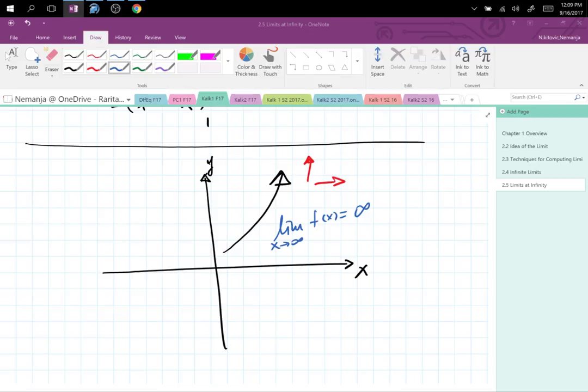And now you can draw the same thing in the other three quadrants. Similar. So this behavior, which can be decomposed into these, is the limit of f of x where x goes to negative infinity and we're getting positive infinity.